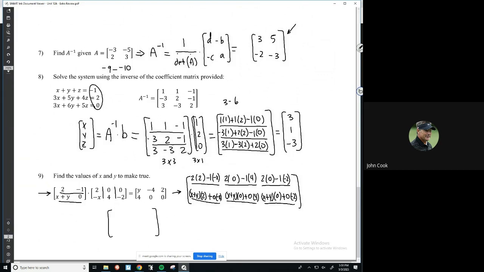All right, so let's see, that's 4 plus x, and then let's see, 0 minus 4, so -4. And then 0 plus 2, so 2. And then 2x plus 2y.